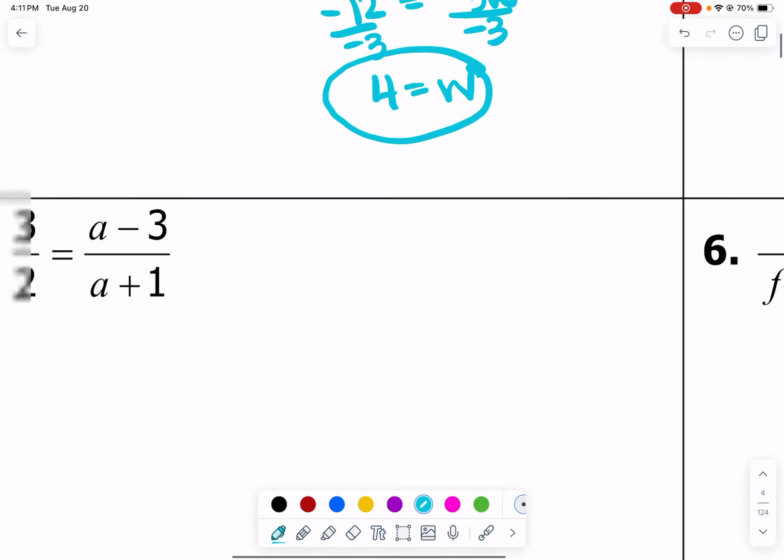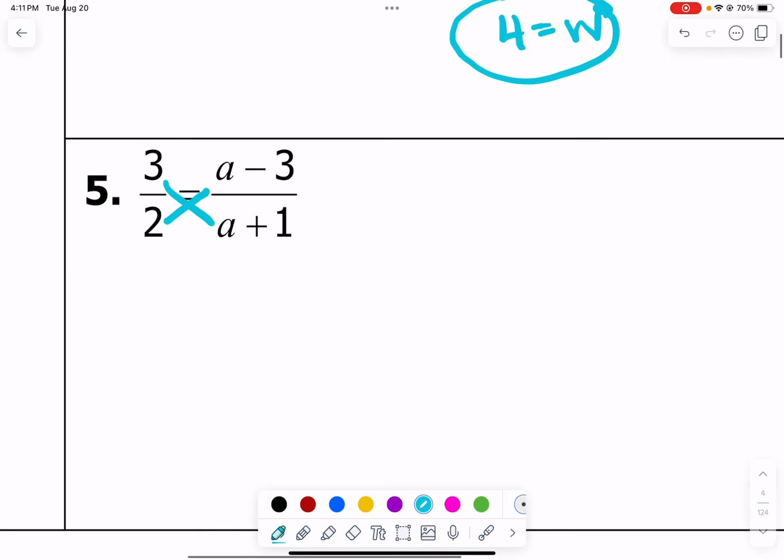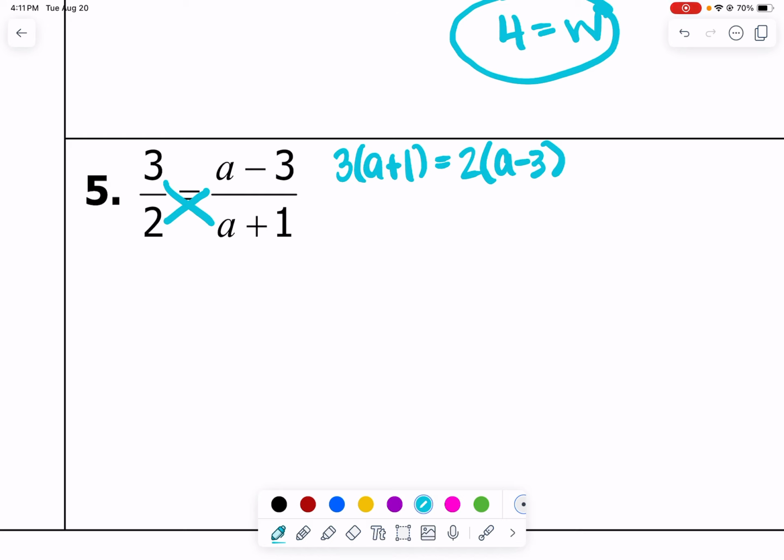Now we're going to look at number 5. Multiply those two and those two. So we will get 3a plus 1 equals 2 times a minus 3. Now, we will get 3a plus 3 equals 2a minus 6.